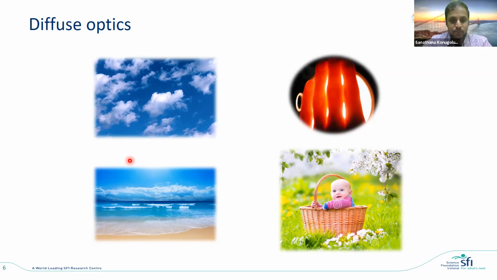For us, it's more important in biophotonics to understand how light behaves inside the human body. That's the reason why we are trying to understand diffuse optics and trying to build models that could accurately address diffusing media like the human body.